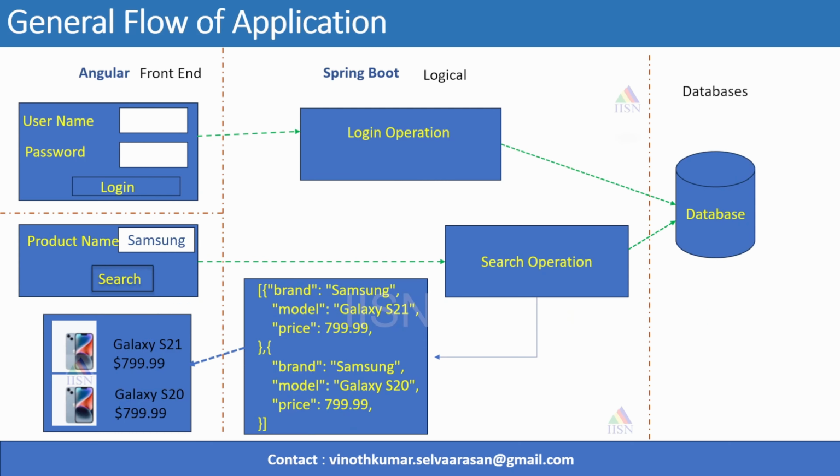Then moving to the general flow of applications where we are using Spring Boot in web applications. Here you see the application is categorized into three layers: one is front end, another is logic, and another is database. In the front end, we are going to perform the login operation. We give the username and password and then click the login button, so that Angular is going to call the Spring Boot application.